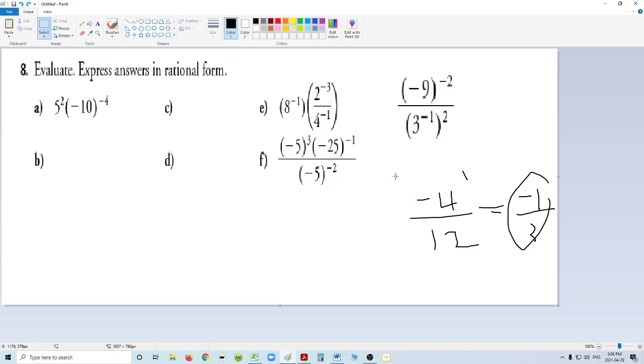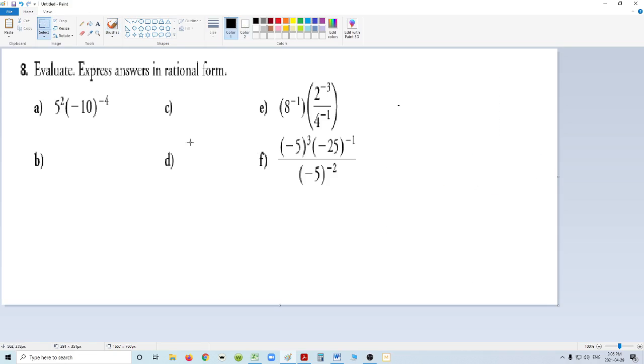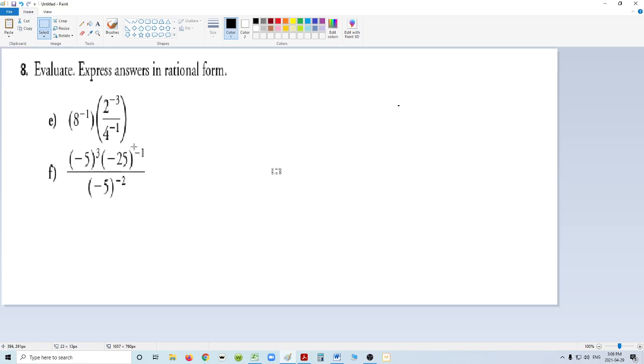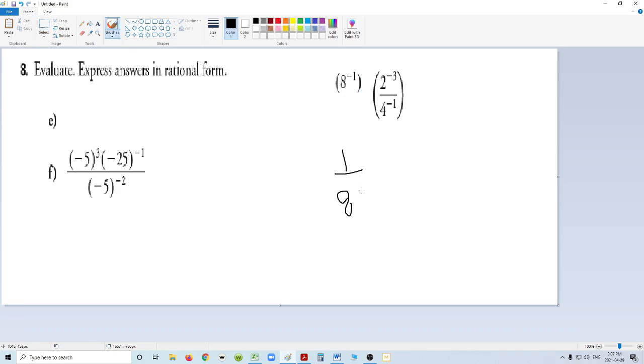And then when you're doing stuff like this, just always remember here that the 8 to the -1 is really a fraction. They just never write the 1 beneath it. So that simplifies to 1/8. These both flip.